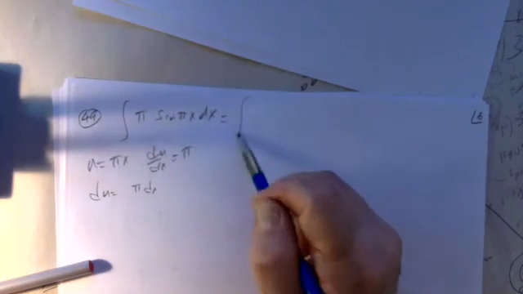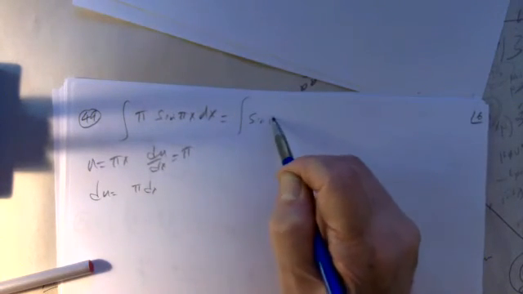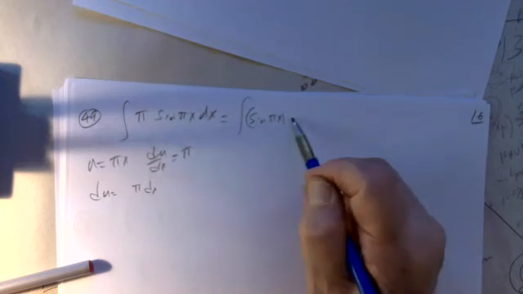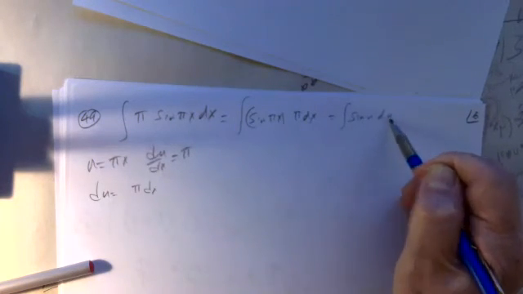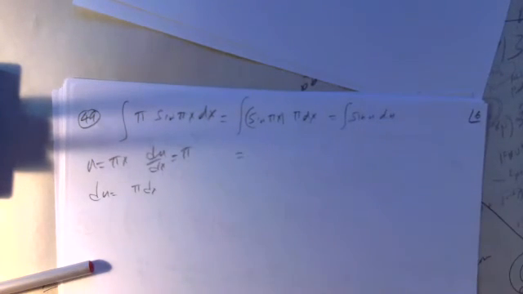If I write this in the opposite order, this is the integral of sine pi x times pi dx. When I substitute, this becomes the integral of sine of u du. What is the integral of the sine?